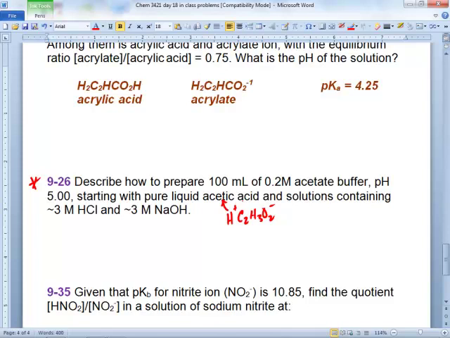So go back to your notes, where it said how to, you have to figure out the mass, right? Which we do by converting the mils into liters and multiplying by that guy.